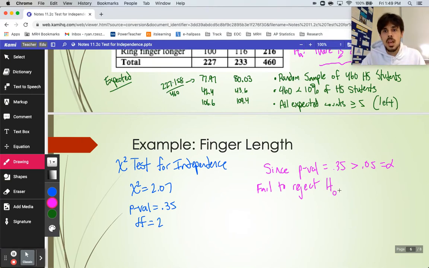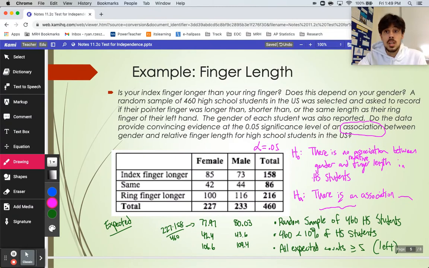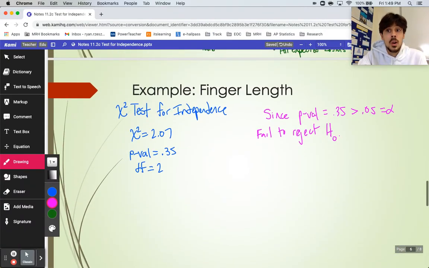H0. And if you think about what that means, what does it mean if I fail to reject H0? Are they independent? Is there an association? Is there not? You've got to be careful in how you word this. First of all, H0 said that there's no association. It would be a really bad thing for you to turn around and say, there's convincing evidence that they're independent.